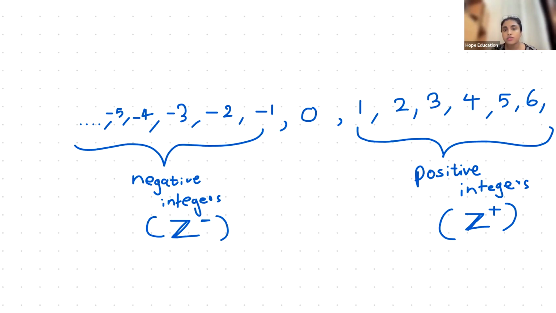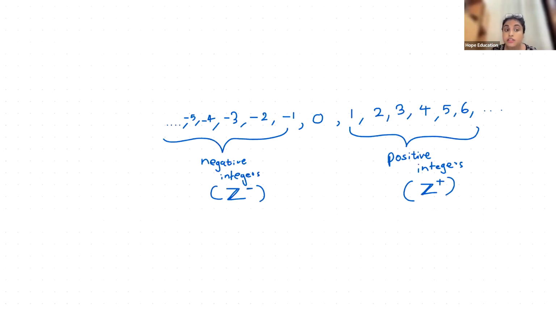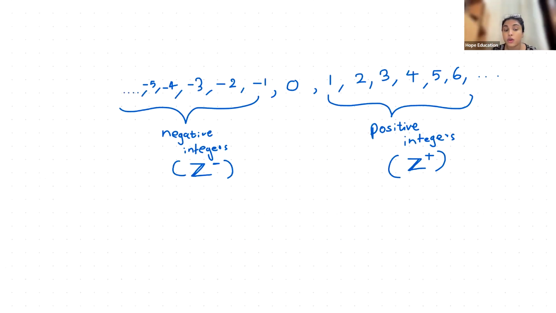Now, 0, can you see that 0 doesn't belong to positive integers? And 0 doesn't belong to negative integers as well. 0 is not a positive integer, 0 is not a negative integer, it's just there at the middle. Positive integers and negative integers along with 0, collectively we call them just integers.